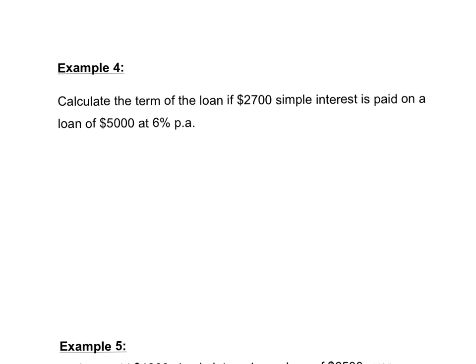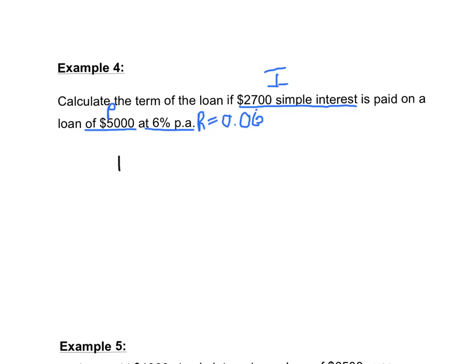Example 4. Calculate the term of the loan if $2,700 simple interest is paid on a loan of $5,000. So now they give me the amount of simple interest. That's the principal. At 6% per annum. So the interest rate as a decimal is 6 divided by 100, 0.06.